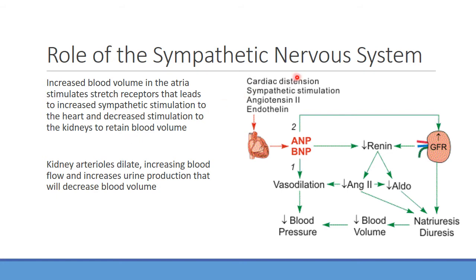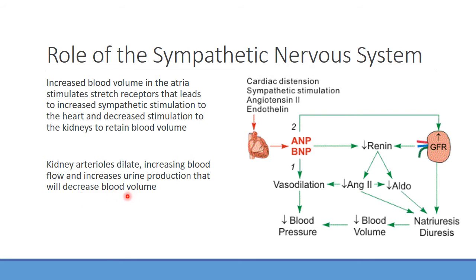So one of the things released here is ANP, atrial natriuretic peptide. We'll spell it out for you in just a second. This is one of the main hormones that gets upregulated, or has increased release, when you have that atrial stretch. Downstream, the kidney arterioles dilate, which means increased blood flow, which increases urine production and ends up decreasing blood volume.